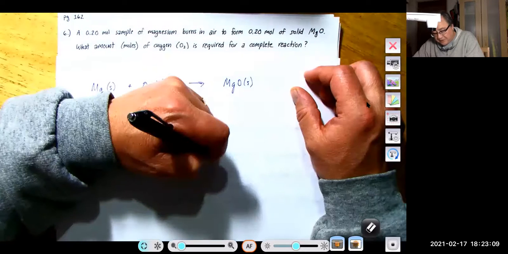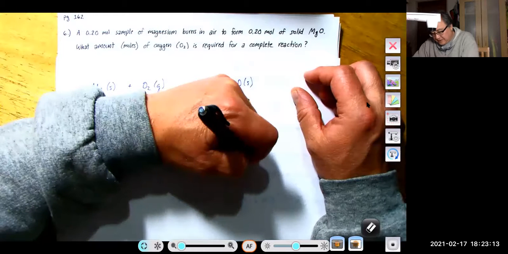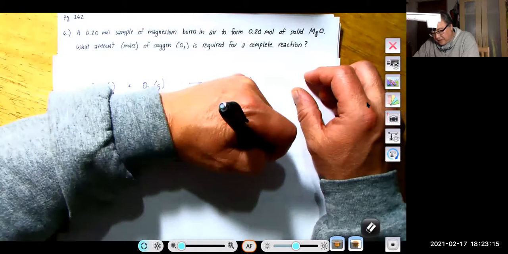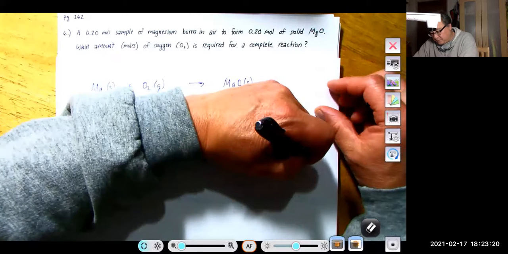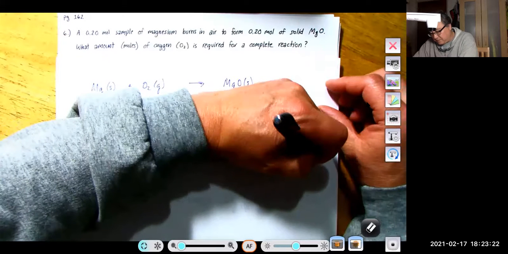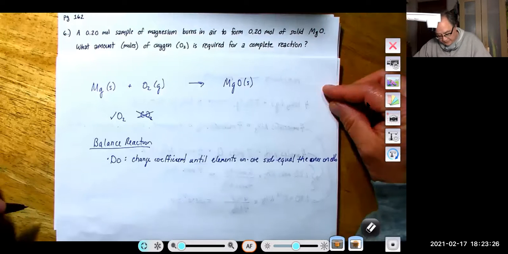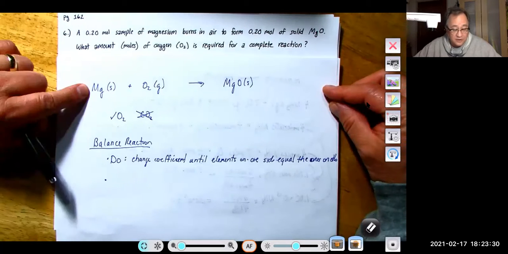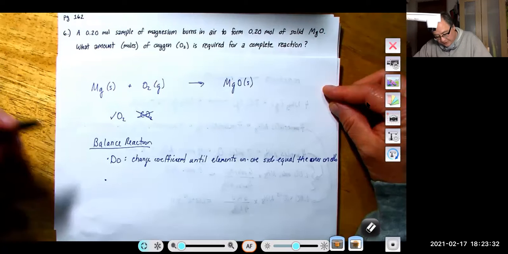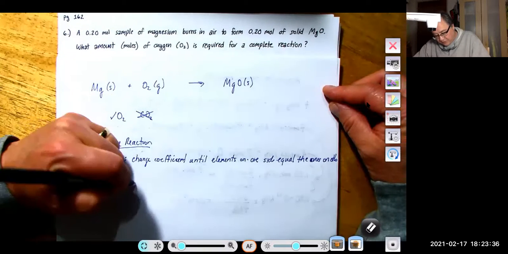And I'm going to say more specifically, elements on one side equal the same ones on the other. That's your do. And we learned before that the coefficient is a number that goes in front of the formula. And here's the don't. It's a big don't. Don't change the formula.